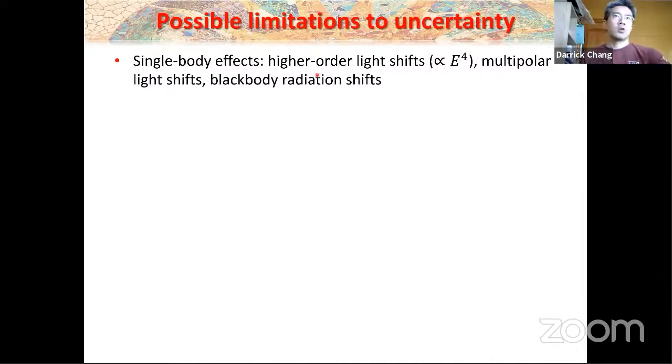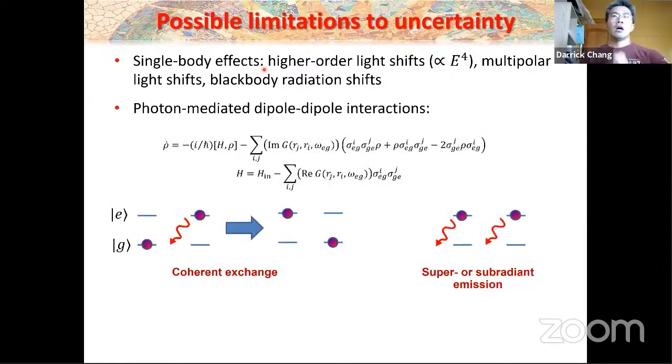You might have multipolar versions of these shifts. Even black body radiation can shift the energies. And because it's single body, there's at least some hope that you can calculate and quantify how big these effects are, even if the calculation itself is quite challenging and ugly.